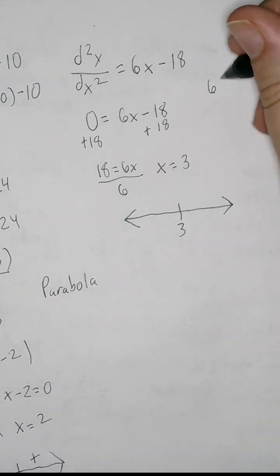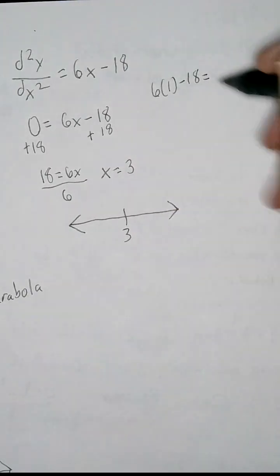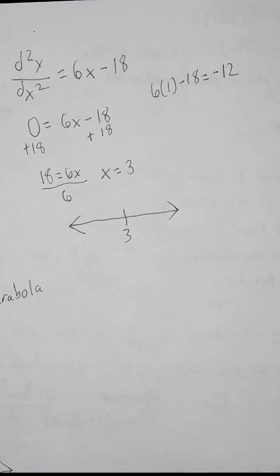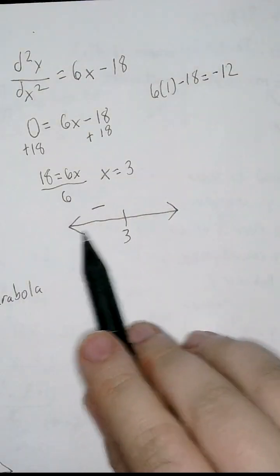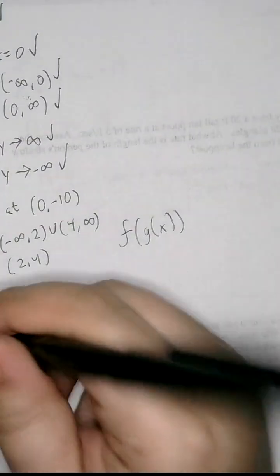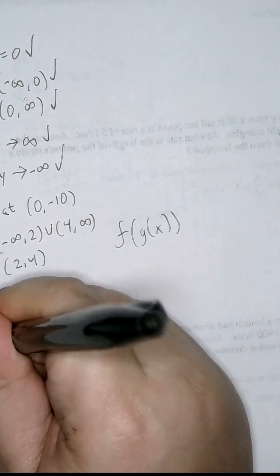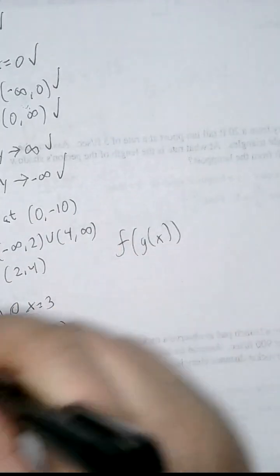So I have 6 times 1 minus 18. 6 times 1 is 6. 6 minus 18 is negative 12. So negative 12 is negative, so this means that my function is going to be concave down from negative infinity to 3. So let me write that down. Concave down on the interval from negative infinity to 3.